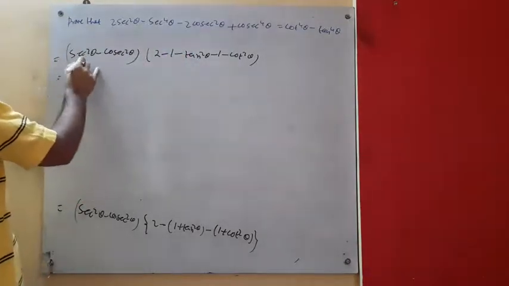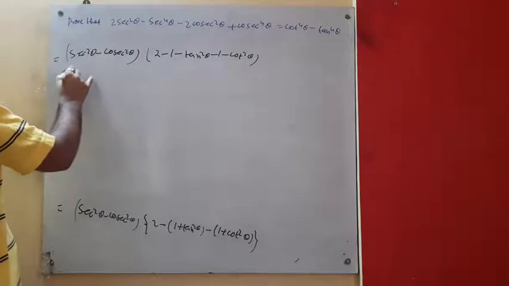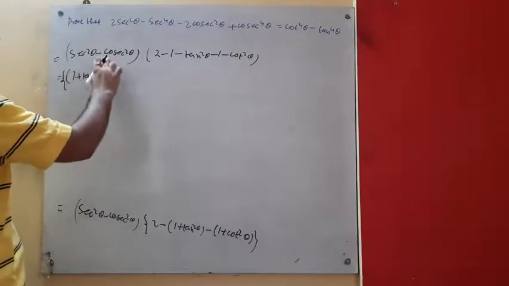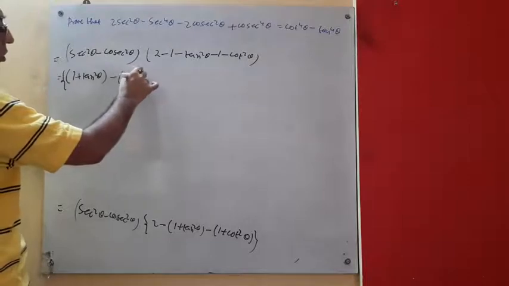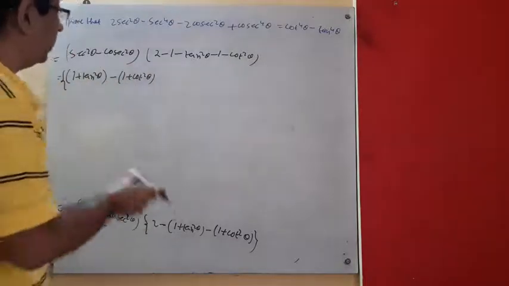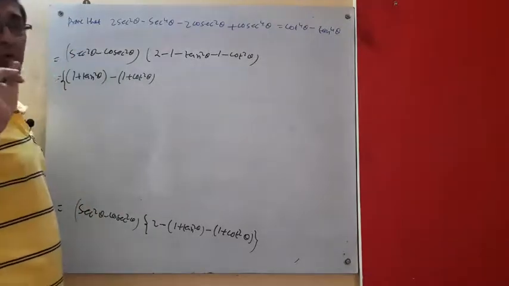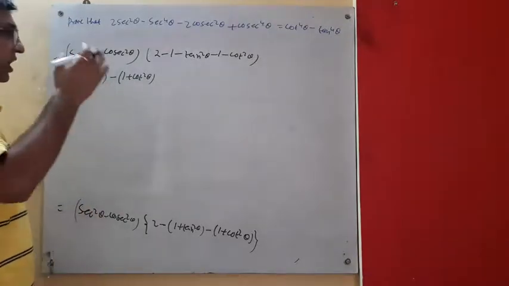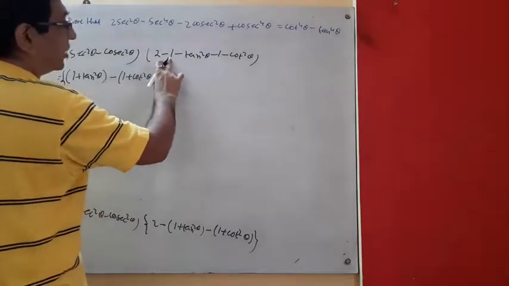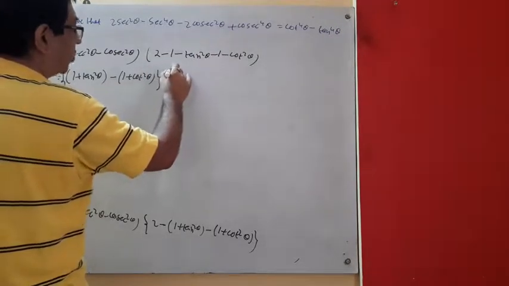Now this is sec square theta, so we can write this as 1 plus tan square theta minus, what is cosec square theta? 1 plus cot square theta. Sir, from where did we get cosec square theta minus cot square theta equals 1? See the first video on the basic idea of trigonometry, otherwise there is a real problem. Now 2 minus 1 minus 1, that is cancelled. So what are we getting?